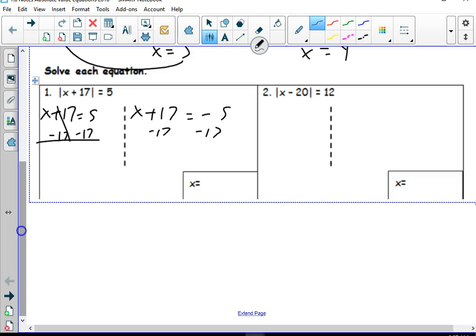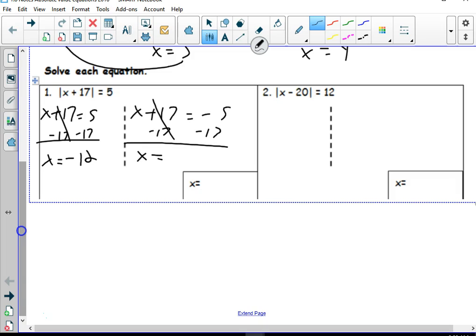Now over here, I have 5 minus 17. So x equals negative 12. Which, if I plug that into the original equation, 17 minus 12 is 5. The absolute value of 5 is 5.